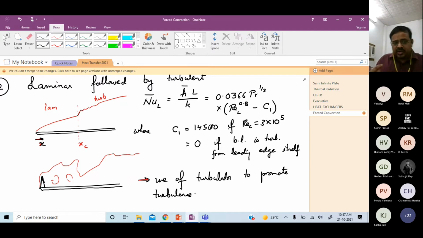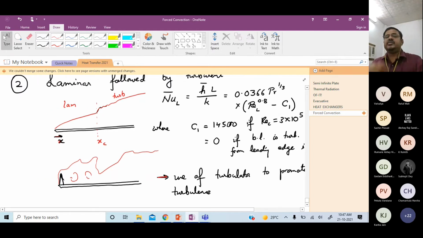So by going from laminar to turbulent, definitely my heat transfer gets promoted, but I do pay a penalty in terms of higher pumping power. I need to pressurize the flow more, so that it can overcome the higher flow resistance.